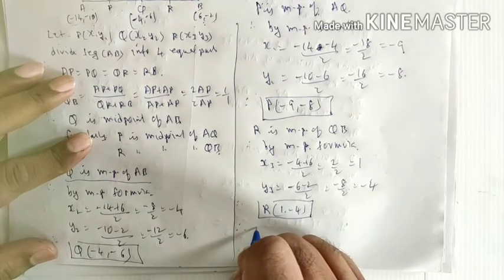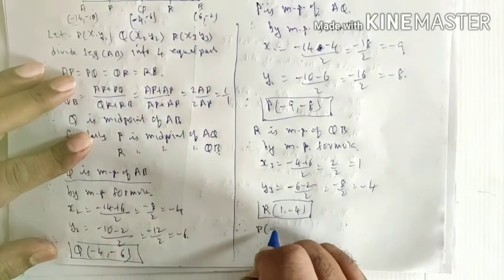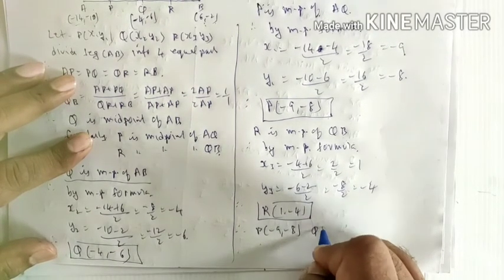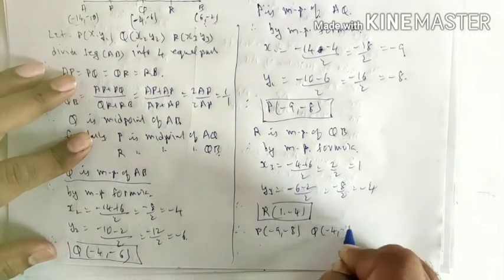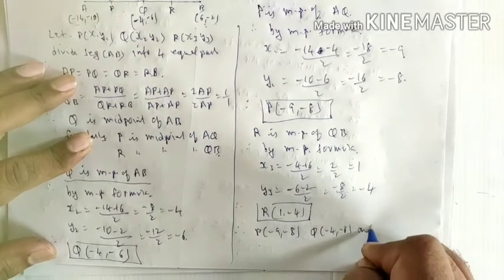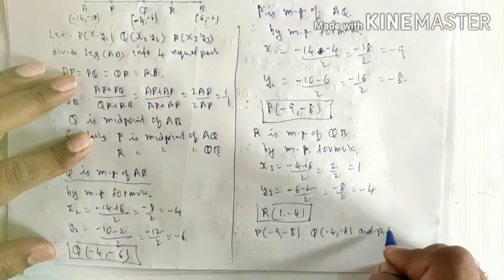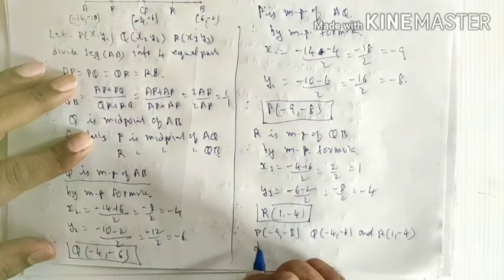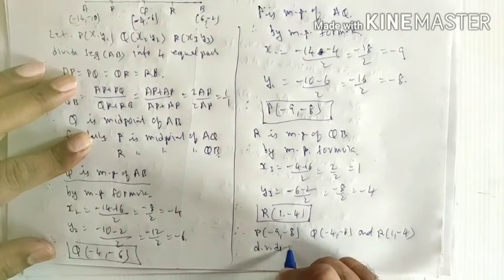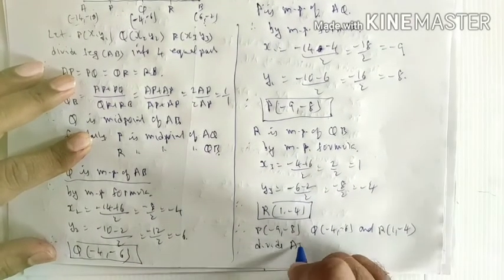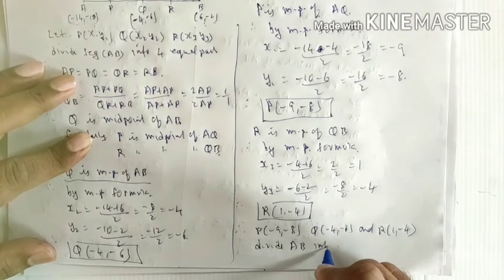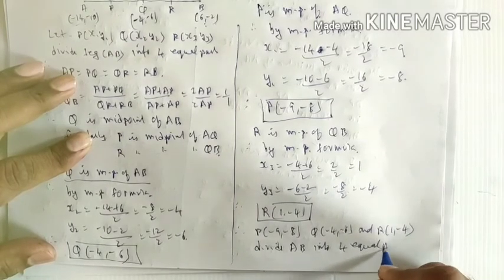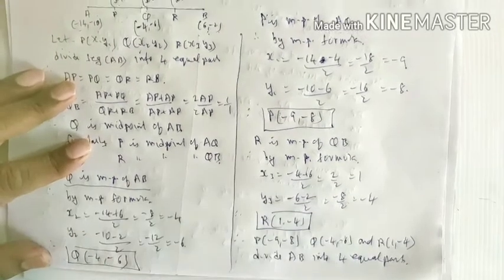Therefore, we shall write here P minus 9 comma minus 8, then Q minus 4 comma minus 6, and R 1 comma minus 4 divide AB into 4 equal parts.